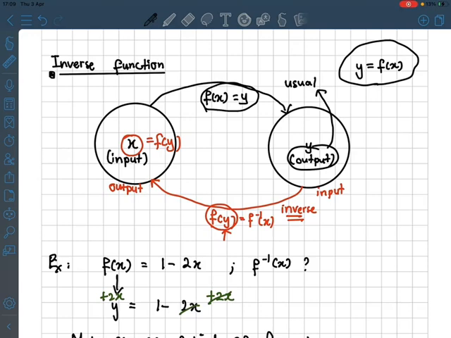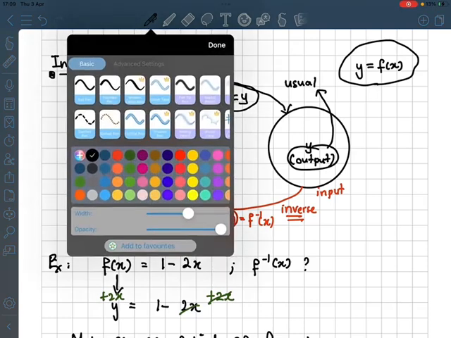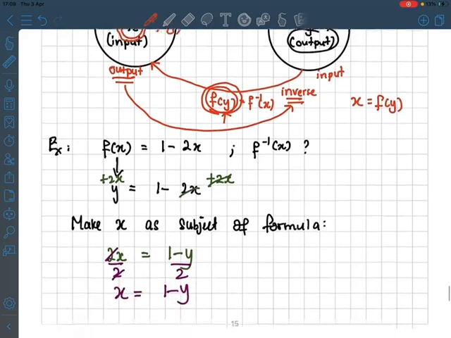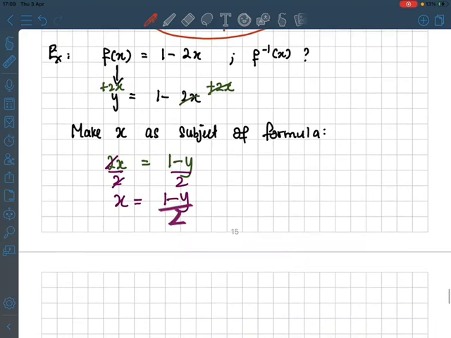Same goes when we have f of y, you can represent it by x, because x is the output for the inverse function. So x is f of y, and we get our answer 1 minus y.